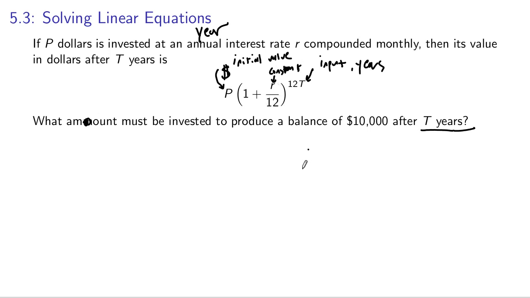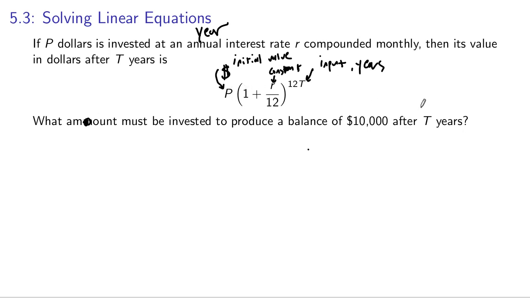A balance of $10,000 after T years. Okay, so what we're wanting to know, I'm sorry, I got this wrong. So the input is the amount we're trying to invest, right? We're trying to figure out what amount do we need to invest after some unknown T years.